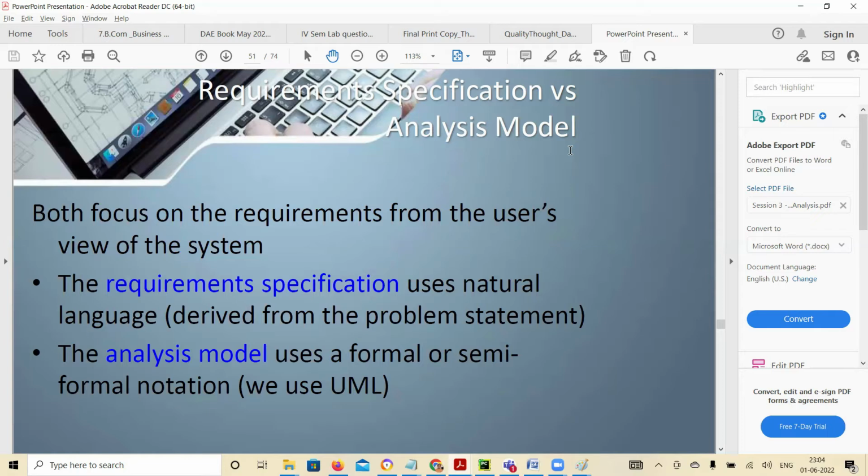Analysis uses formal or semi-formal notation, where you represent things more in diagrams, graphs, and picture formats, and the requirements are probably just in English text.